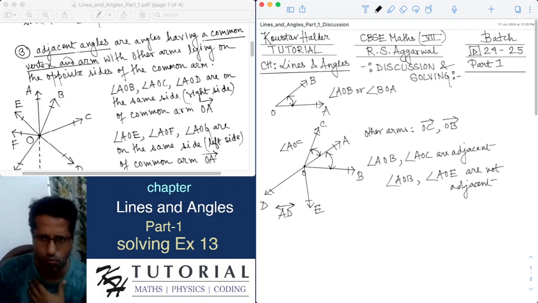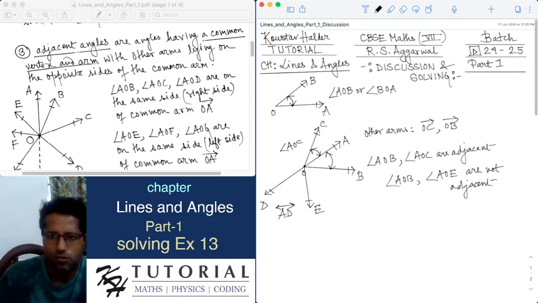So this is the definition of adjacent angles. Adjacent angles are angles that have a common arm and a common point, and the other two arms must lie on the opposite sides of the common arm.